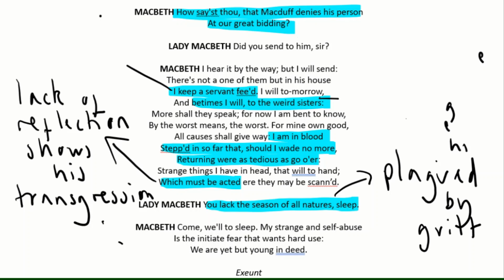Macbeth says, come, we'll to sleep. My strange and self-abuse is the initiate fear that wants hard use. We are yet but young indeed. Here he says that maybe his delusions come from inexperience, maybe his fear and the hallucinations are coming from the fact that he hasn't killed many people and they are beginners, they are young in the deed.